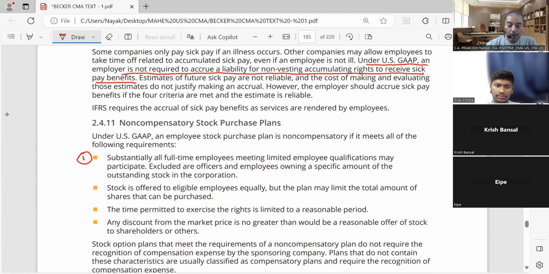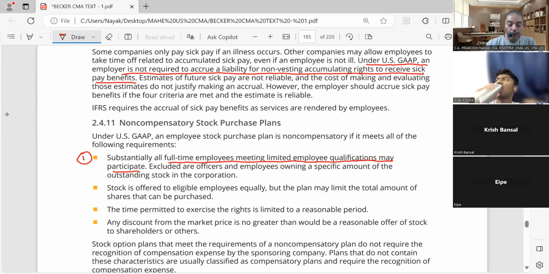Substantially all full-time employees meeting limited employee qualifications may participate. Excluded are officers and employees owning a specific amount of the outstanding stock in the corporation. So if the people are already holding stock of the corporation, they are not included in this. Who are included? All full-time employees meeting limited employee qualifications may participate.